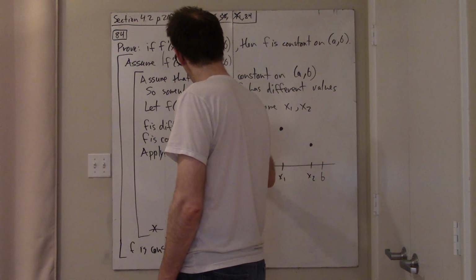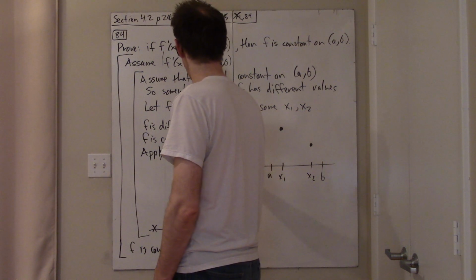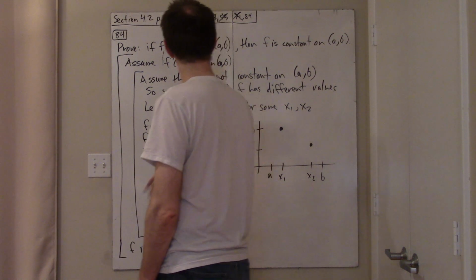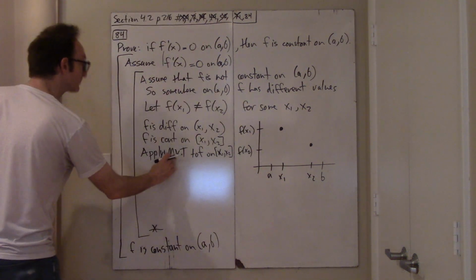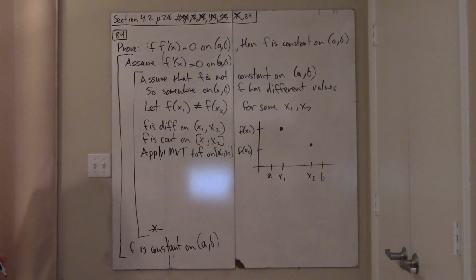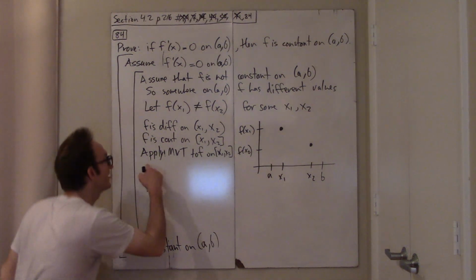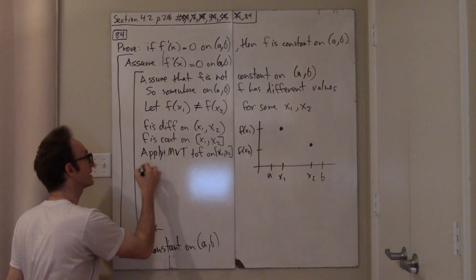Make these closed brackets. It doesn't really matter. Good. What does that mean? What does the mean value theorem say?